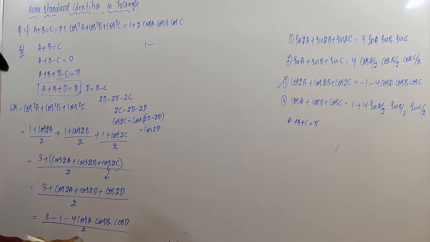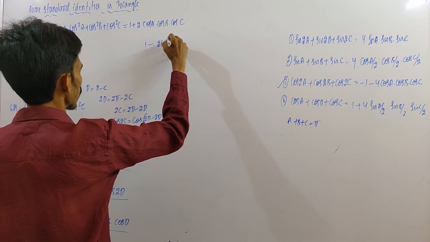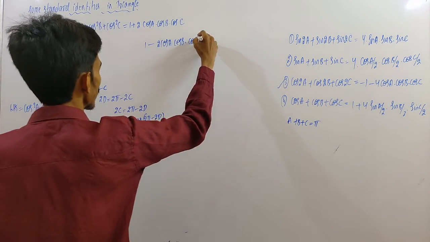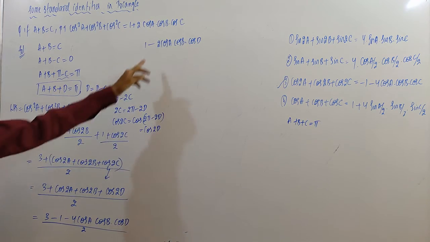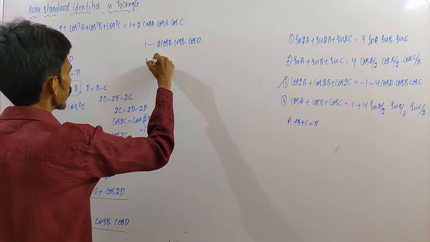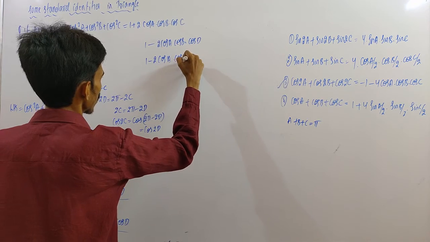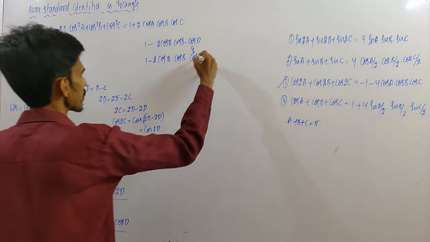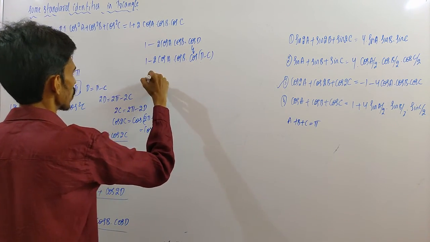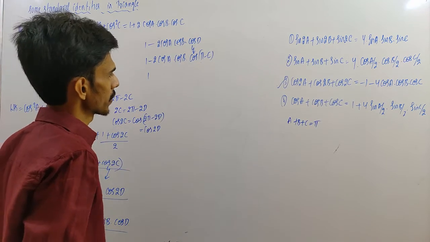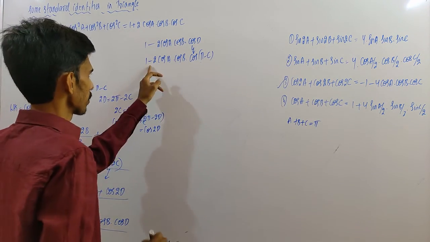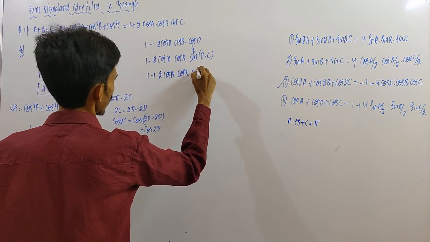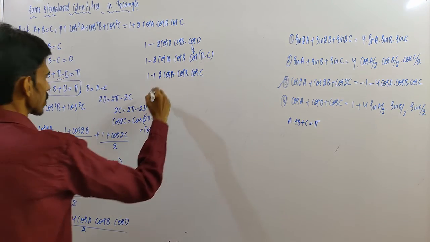So 1 minus 4 by 2 is 2, 2 cos A cos B cos D. Now we want in terms of C, so replace this D. 1 minus 2 cos A cos B. This cos D value is pi minus C. So this become cos 180 minus theta is minus cos theta, so that minus will become plus 2 cos A cos B cos C. We got RHS.